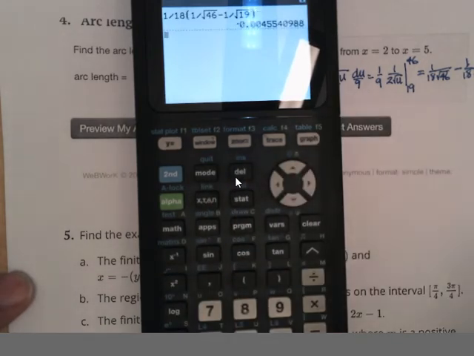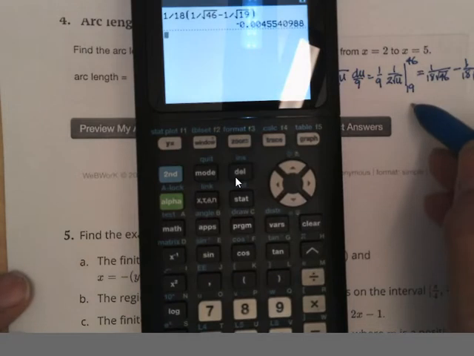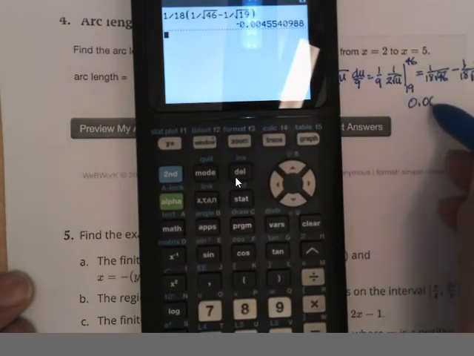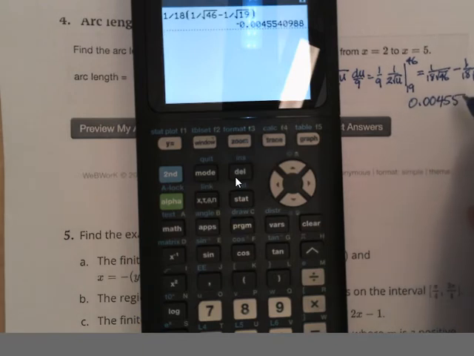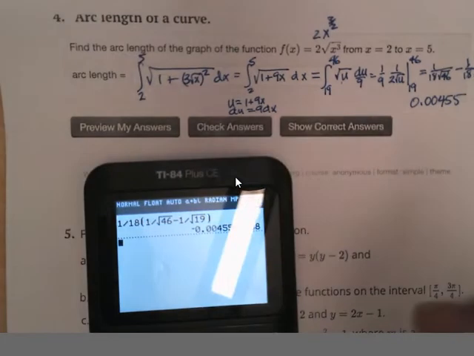That comes out to be an arc length of not very much here, 0.00455, and that is not correct. So what did I do wrong here?